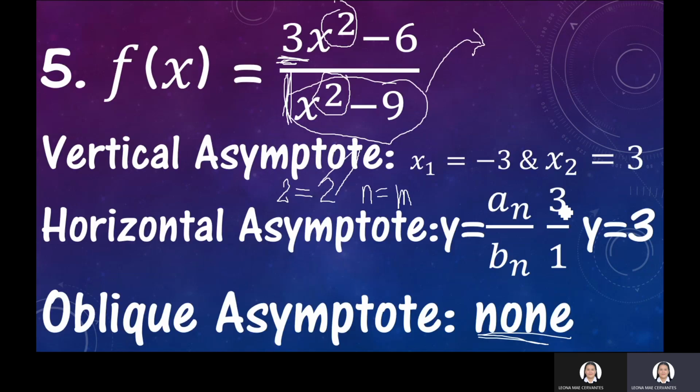Number 5, vertical asymptote, x sub 1 equals negative 3 and x sub 2 equals positive 3. Horizontal asymptote, y equals a sub n over b sub n. Sorry, y is equal to positive 3. Then, oblique asymptote, none.